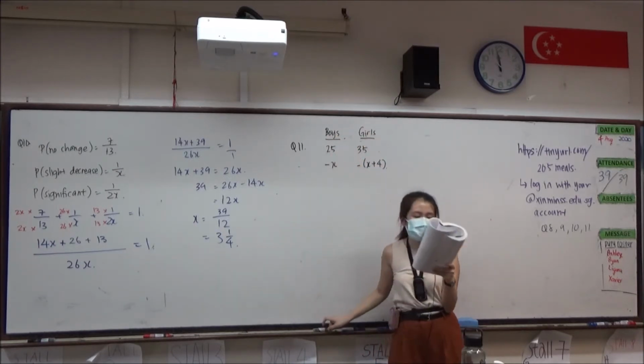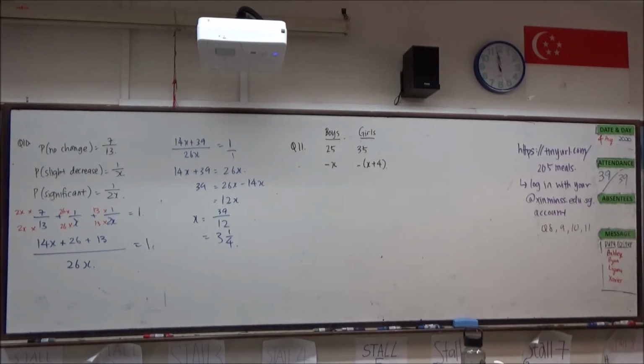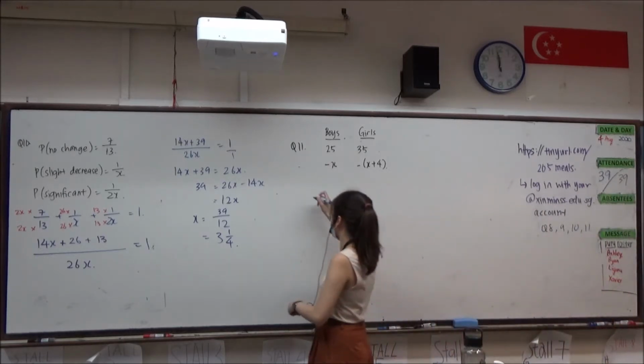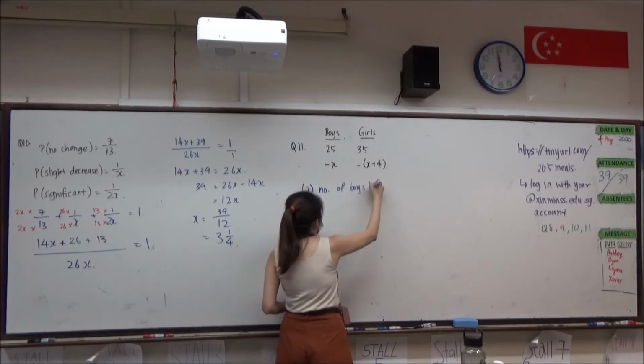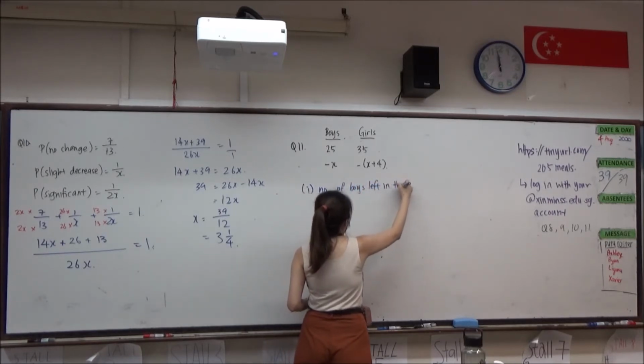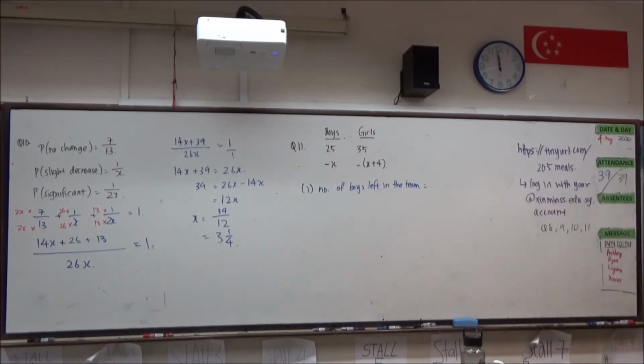Write down an expression in terms of x for the number of boys left in the team. How many boys are there left? 23 minus x.